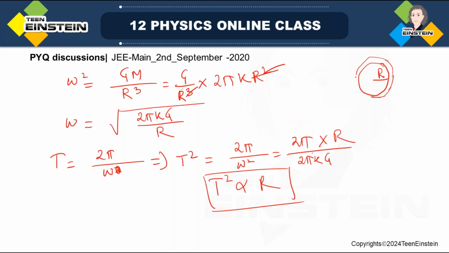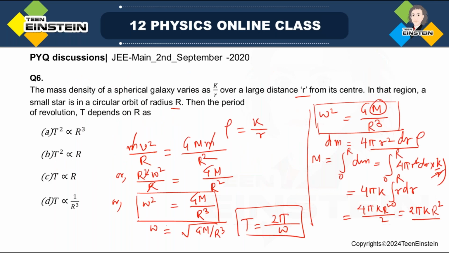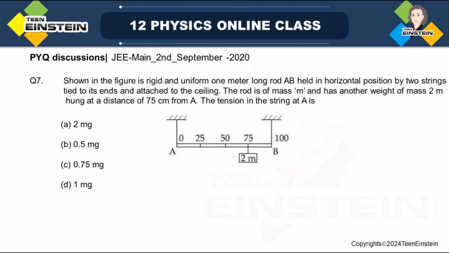That means I have taken the radius of the circular orbit of the star as nearly equal to this capital R itself. So just by taking that, we will get T square proportional to R. This variation we will get. Okay, so let us go to the next problem.